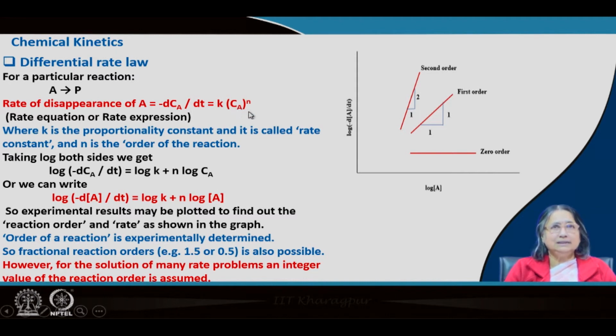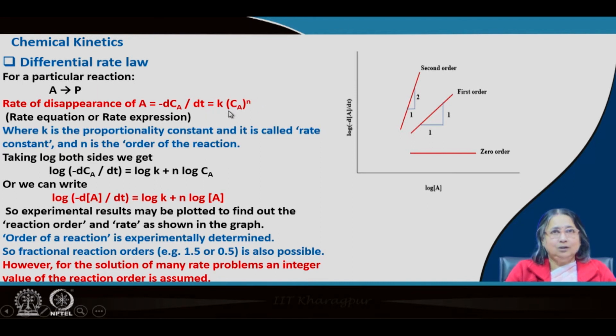You know that concentration can be expressed in two different ways. One way is with a subscript, concentration of A. Another way is within the third bracket. So, the rate of disappearance of A is K times Ca to the power n.